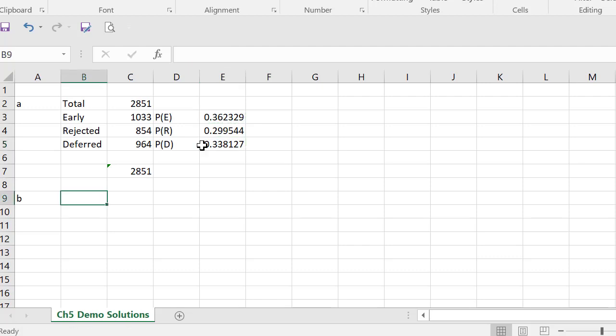For part B, it says, are the events E and D mutually exclusive? The answer here is yes, they're mutually exclusive, and you get that by thinking about it in terms of, well, if you're admitted early, could you be deferred?